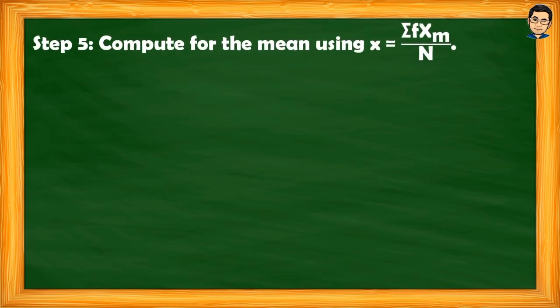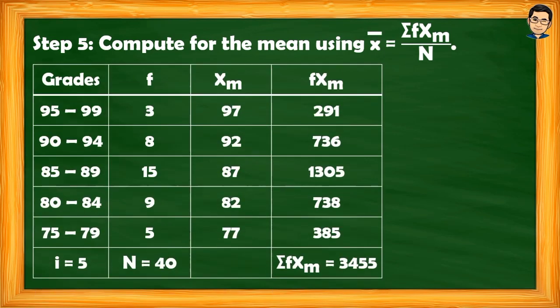Step 5. Compute for the mean using the formula. Okay. So, yung summation na nakuha natin, 3,455, i-divide lang po natin by 40. Yun yung ating mean. So, 3,455 divided by 40.